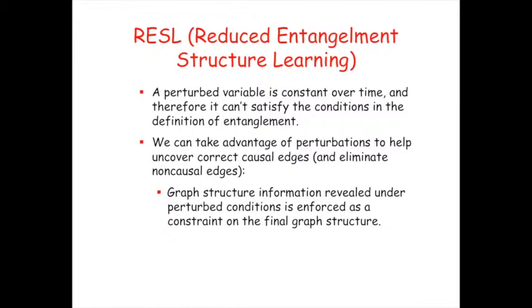Reduced entanglement structure learning. We're arguing that the perturbed variable is constant over time, and therefore it cannot cause entanglement. So we're going to take advantage of the perturbations to uncover the correct causal edges and eliminate the non-causal edges. Just a very high-level sketch of the algorithm as we're going to use it: we're going to take a very perturbed condition, let's say 4 variables fixed at one time, and we're going to learn the causal structure.